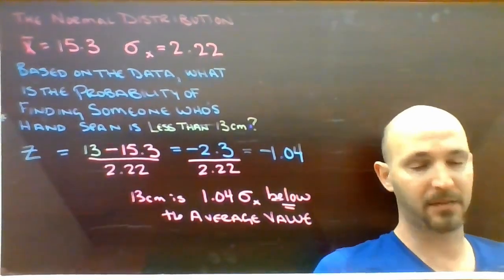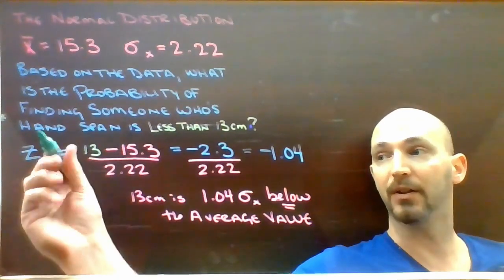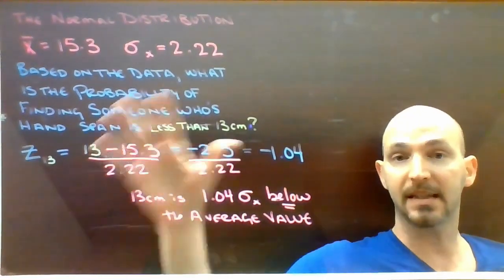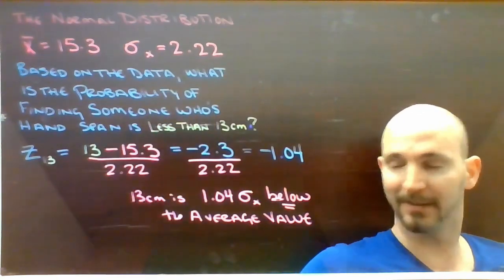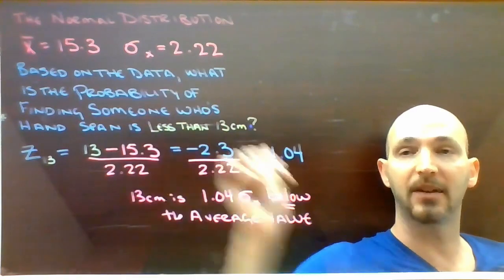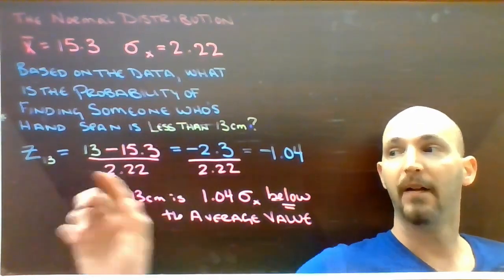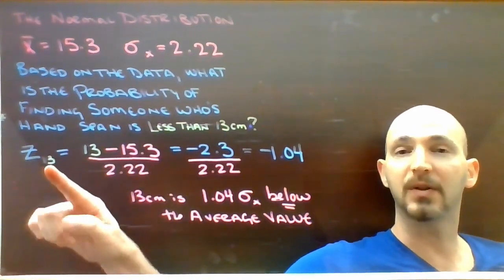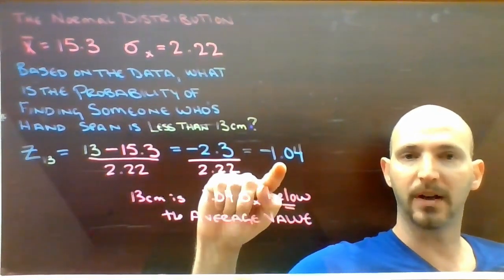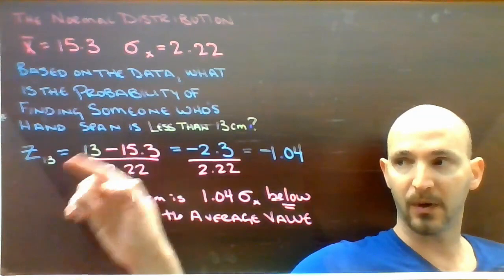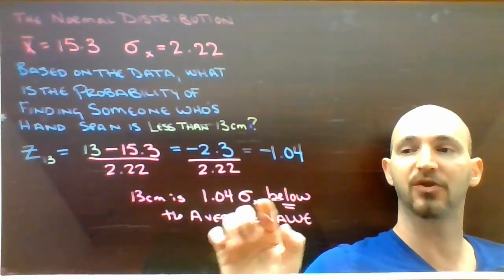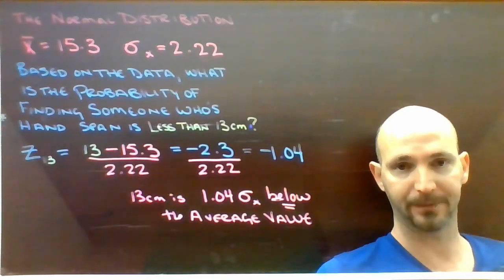And this happens to be the z-score of the value 13. So within this data set, with an average of 15.3 and a standard deviation of 2.22, the z-score of a 13 centimeter hand span is negative 1.04, because 13 centimeters is 1.04 standard deviations below the average value.